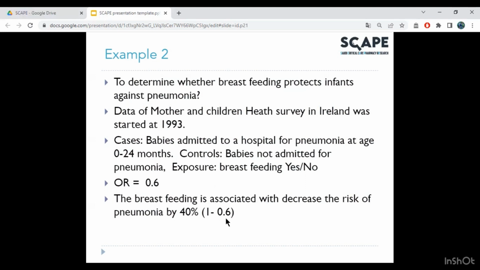We took the reciprocal of 0.6. 1 minus 0.6 equals 0.4, multiplied by 100 to get the percentage, which is 40%. So 40% is the magnitude of decrease in the risk when the exposure is present. And our exposure here is breastfeeding.